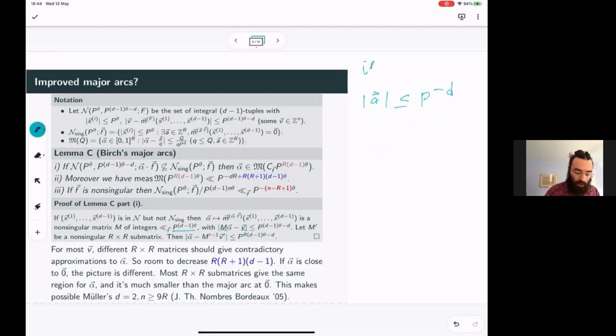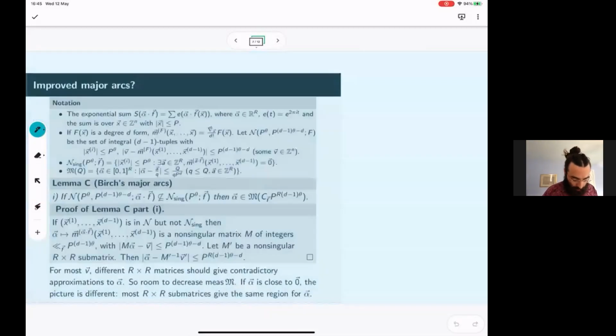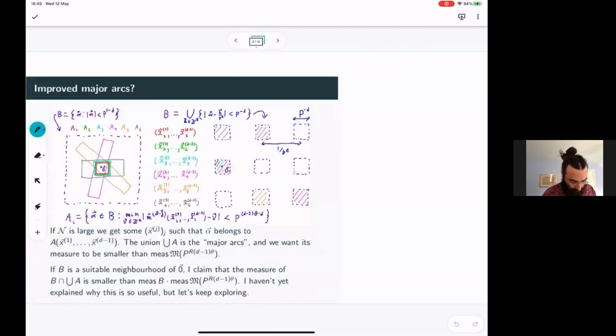And this trivial observation over Birch's number of variables. Okay, so here there's just some different notation. And here is the picture of this that I promised in questions last time.